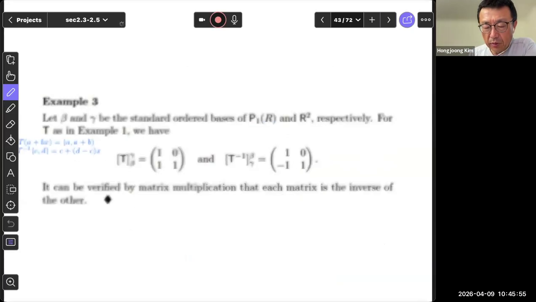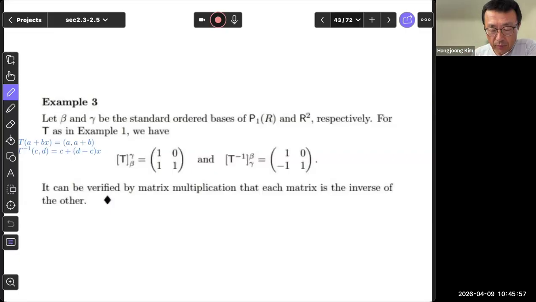Moments ago, I considered example 1, which considers this T and T inverse. Okay?